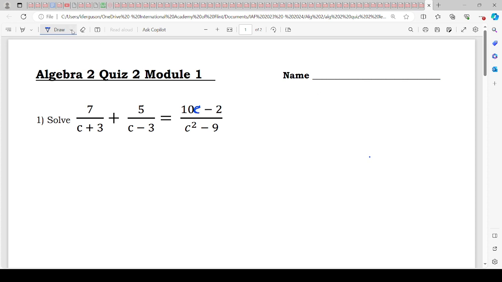But anyway, the first step. Step one is, well, you could kind of split step one and step two, but I'm going to say step one is common denominator.